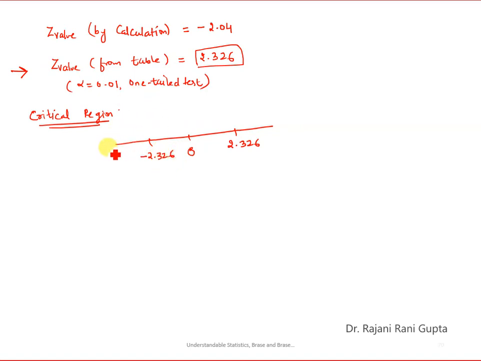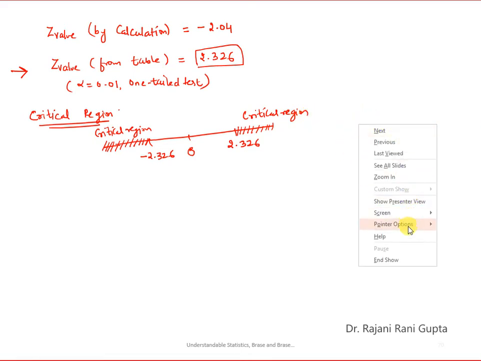The critical region is always towards the left side of the negative value and towards the right side of the positive value. So this is your critical region, or the region of rejection.